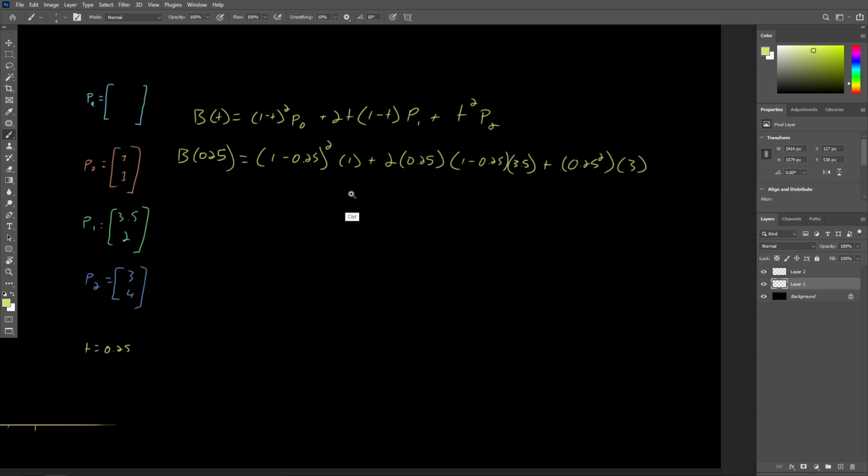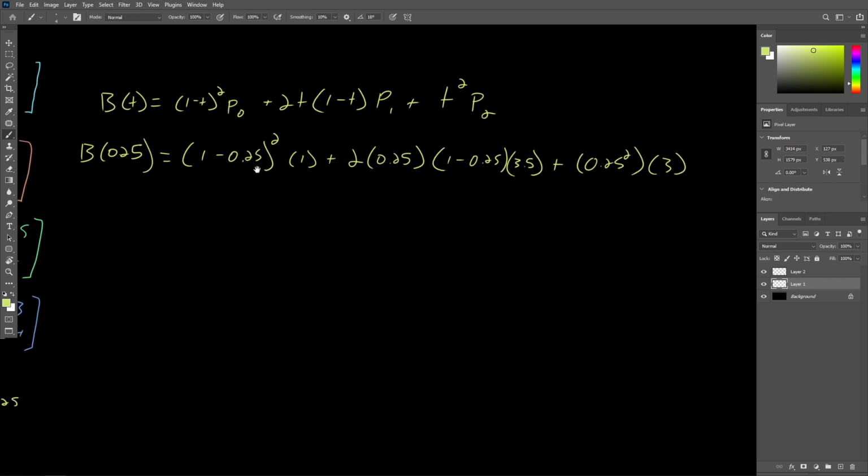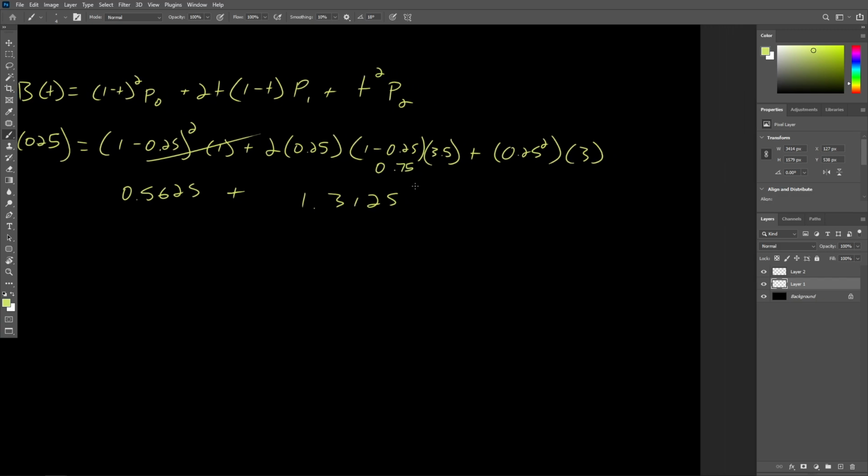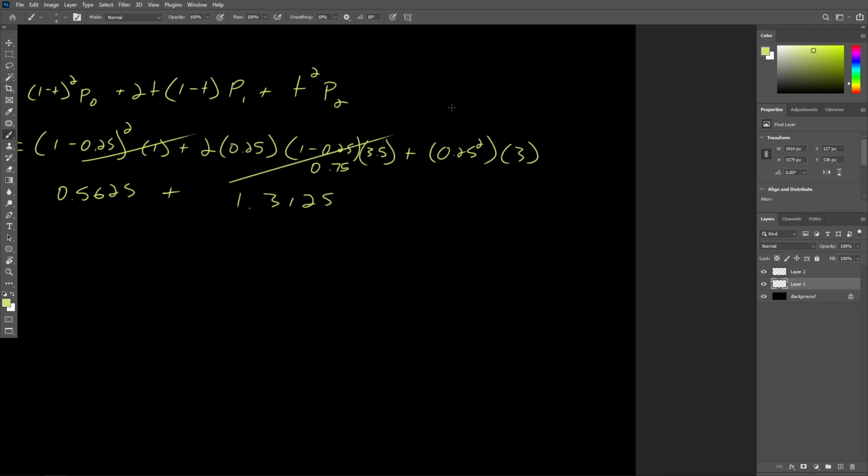All right, so quickly solving this, we get 1 minus 0.25, which is 0.75, squared, which is 0.5625, times 1 takes care of that term, plus 2 times 0.25 times 0.75 times 3.5 gives us a value of 1.3125. And that takes care of that term.